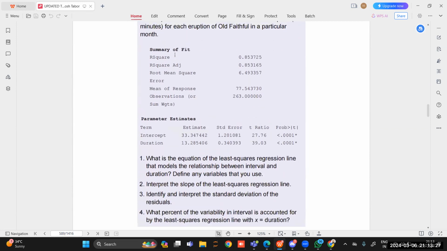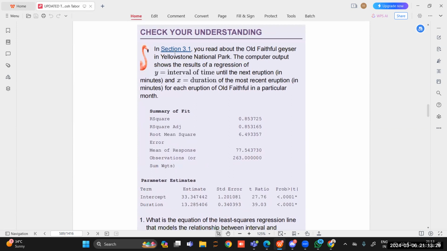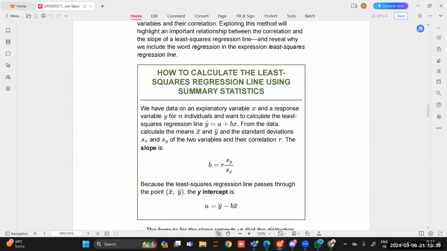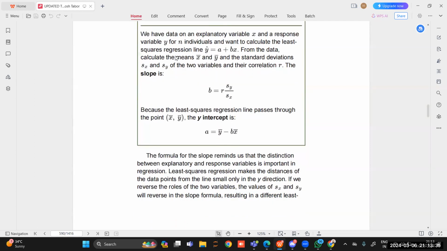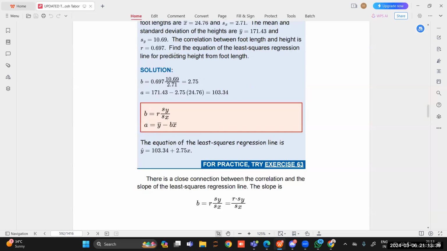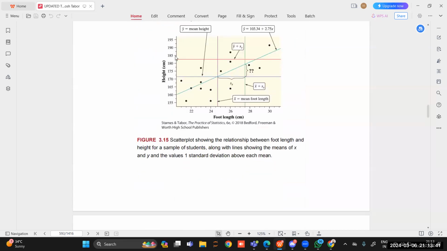Read this example also. We'll solve this because that's a new topic, regression to the mean. He's explaining how to calculate the regression to the mean, and there are different formulas. I think it will be better if we start tomorrow. Okay, fine.